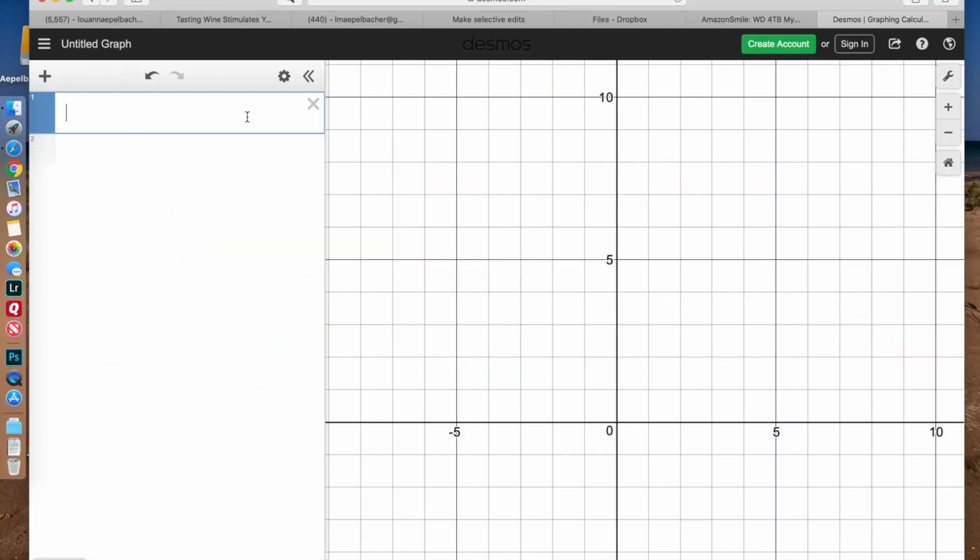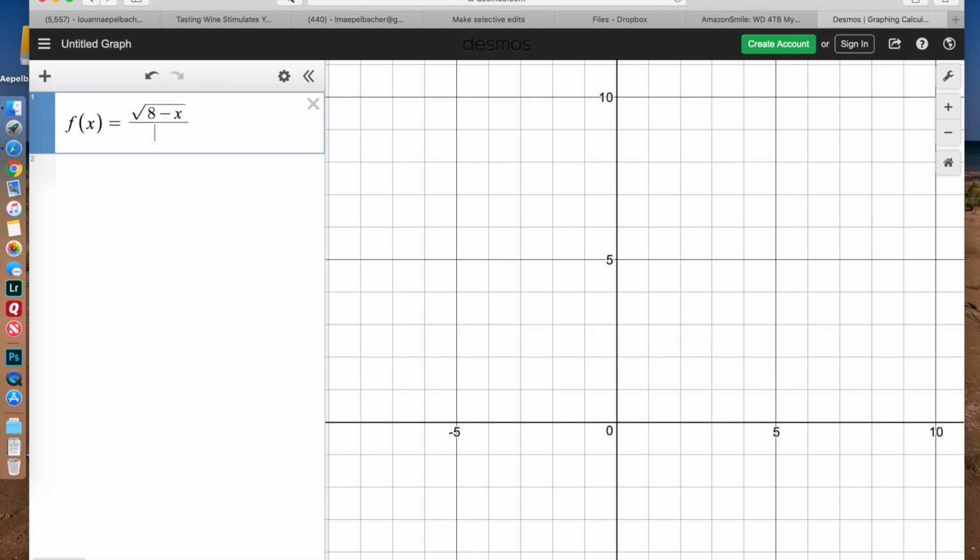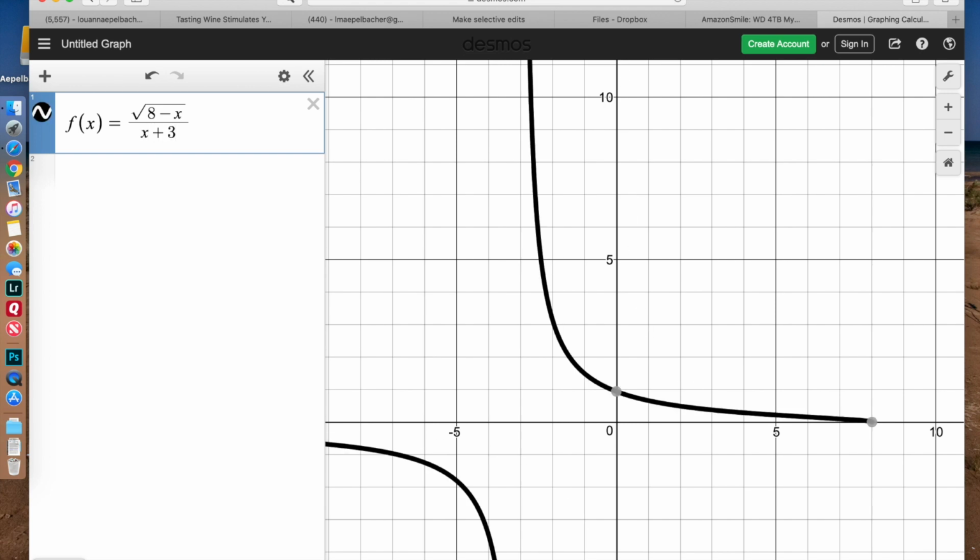8 is greater than or equal to x. Number 3f, and so we'll say f of x here equals the square root of 8 minus x. I have to right arrow so that I can divide, and in the denominator, x plus 3.